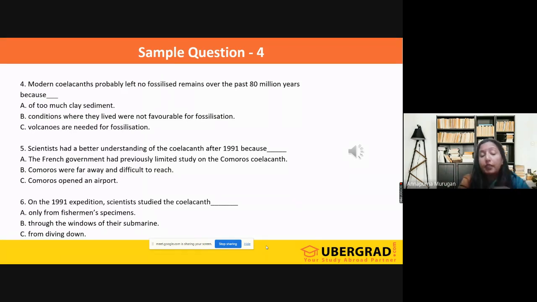Then scientists have a better understanding of sea after 1991. Why could scientists have a better understanding of sea after 1991? What is that reason? Then on the 1991 expedition, scientists studied the sea. So see what?